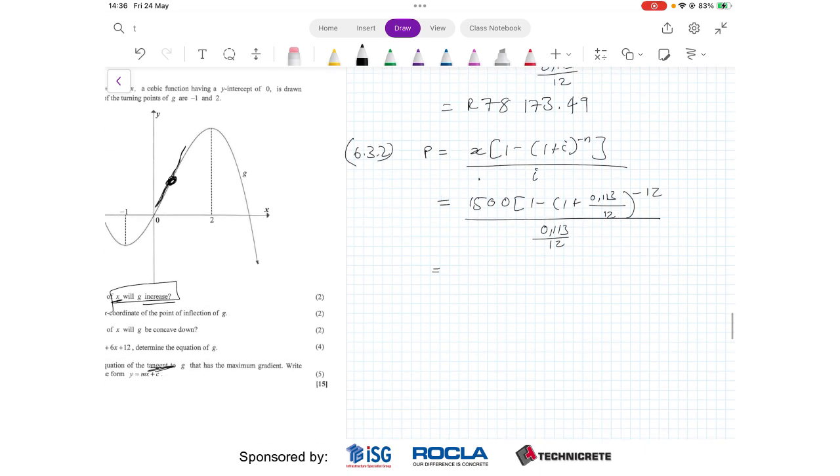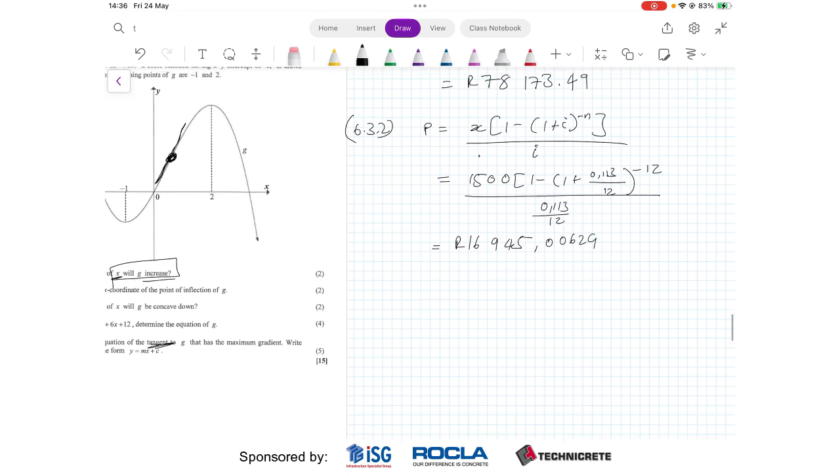And from here, we find that the balance after 5 years is 16,945.00629, okay? And that is the balance after 5 years, right?